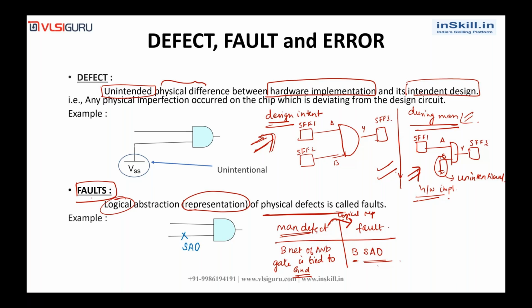The logical representation of physical defects is called faults. The above one is the physical defect: the B net of the AND gate is tied to ground. It is a manufacturing defect. The logical representation of that manufacturing defect is called a fault, B stuck at 0. We are just trying to understand the terminologies.